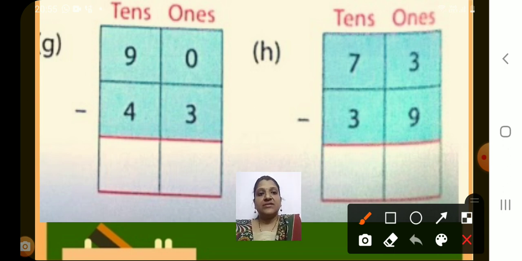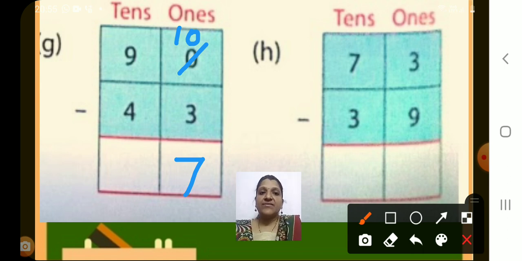So let us take 10 from the tens place. Hence strike 0 and write 1 and 0, that is 10, above it. Now we can subtract 3 from 10. Right, children? So 10 minus 3 equals 7.